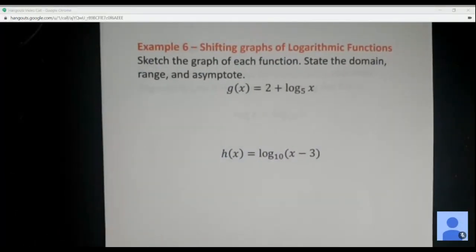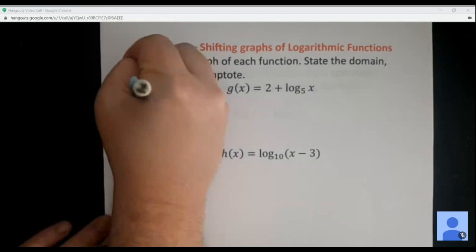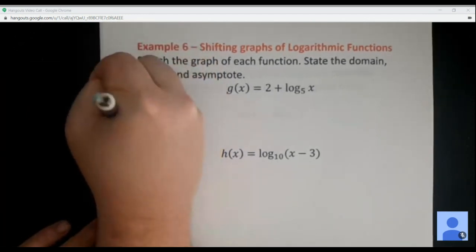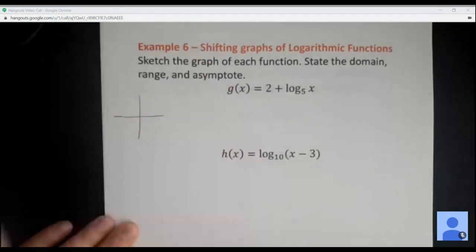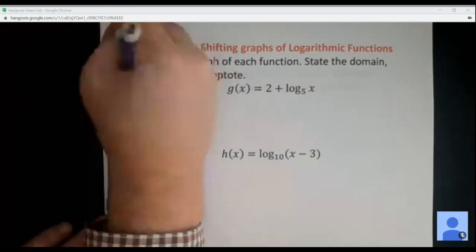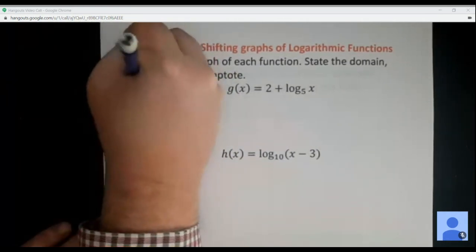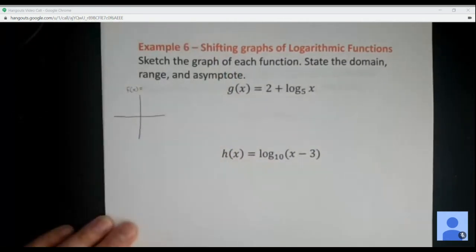Okay, so we've got 2 plus the base 5 log of x. Okay, so what's our parent function going to be this time?